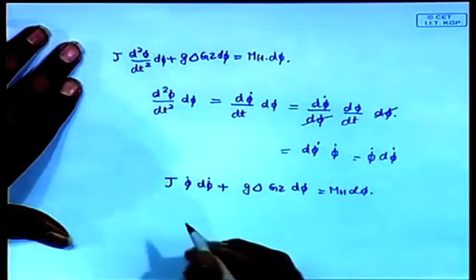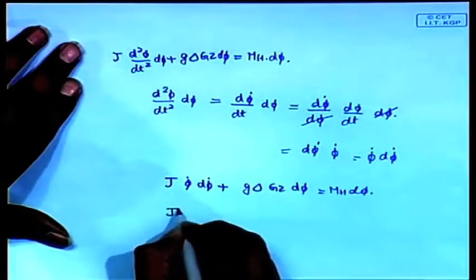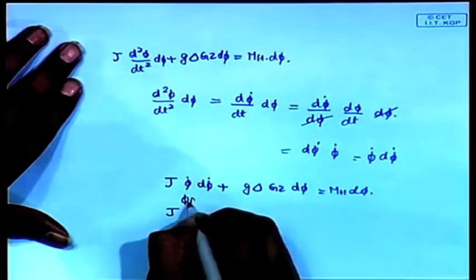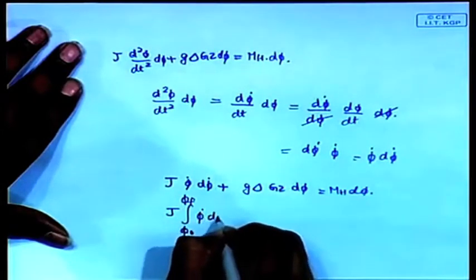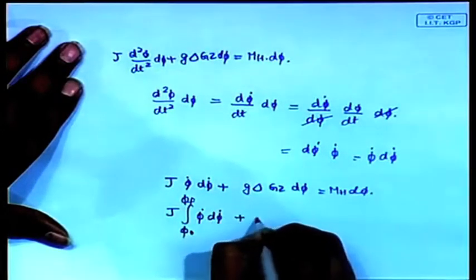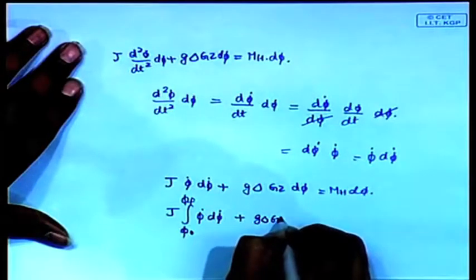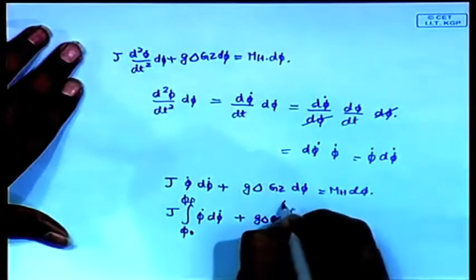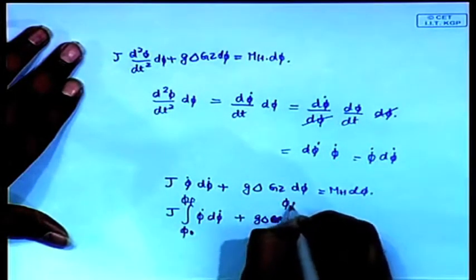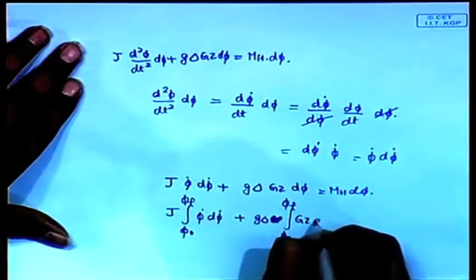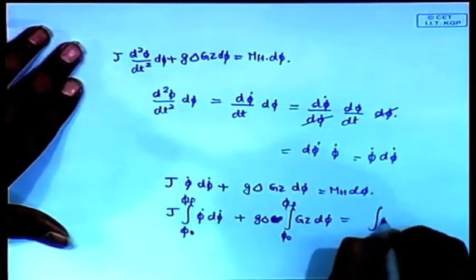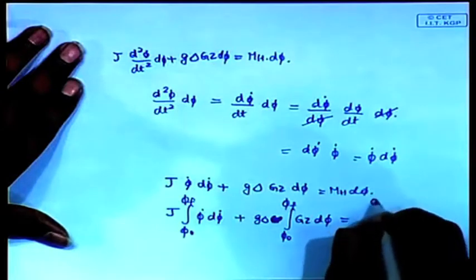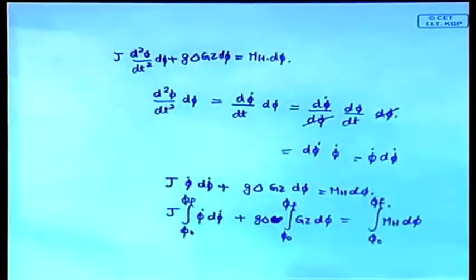So, J into integral of phi 0 to phi f phi dot d phi dot plus g delta into integral of gz d phi equals integral of mh d phi between phi 0 and phi f.